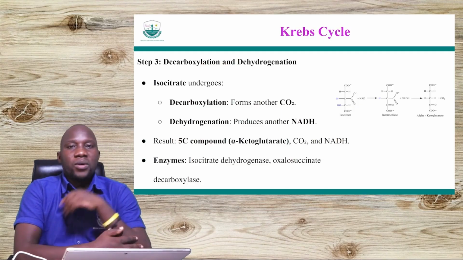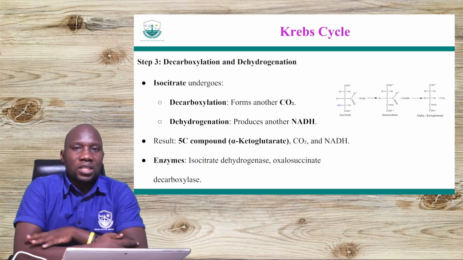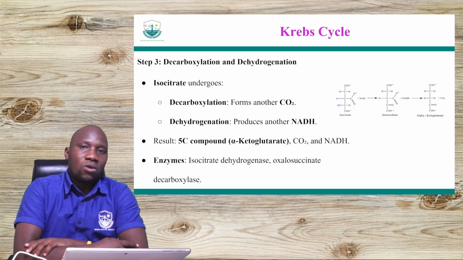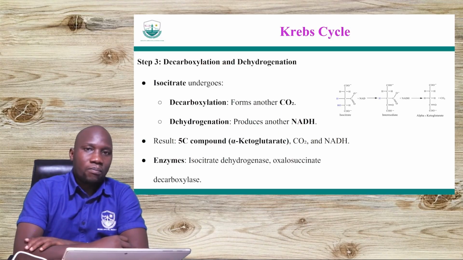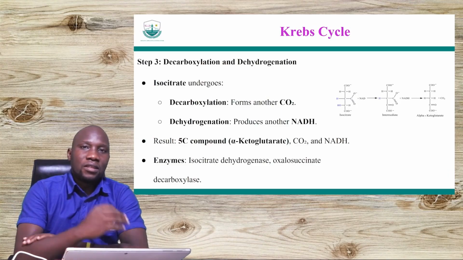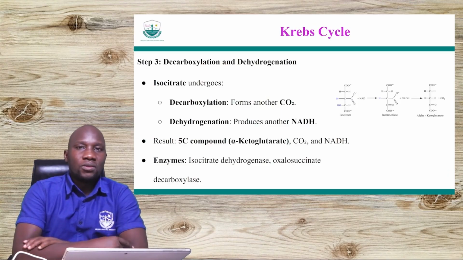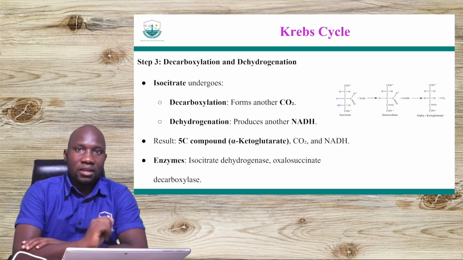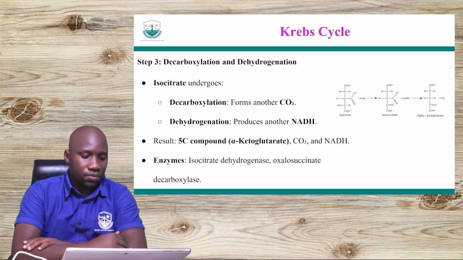So that means that, remember, we started with a 6-carbon compound. Now we are moving to a compound that has 1 carbon atom less, and that compound now becomes alpha ketoglutarate, and it has 5 carbon atoms. And remember, since the carbon was cut off, the products are carbon dioxide, and the dehydrogenation gives you the NADH.